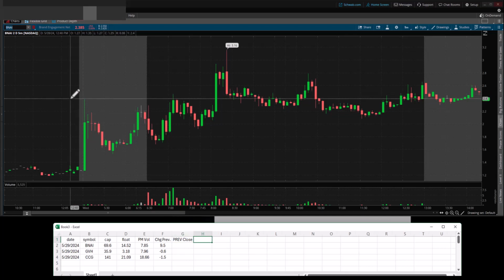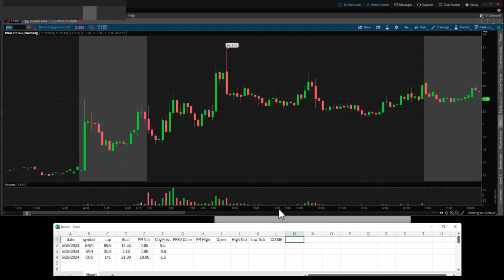I like to keep track of the pre-market high. Then the opening price. Then the highest tick. That's 3.16. Sorry. High tick. And then the lowest tick. Low tick. And then the close.